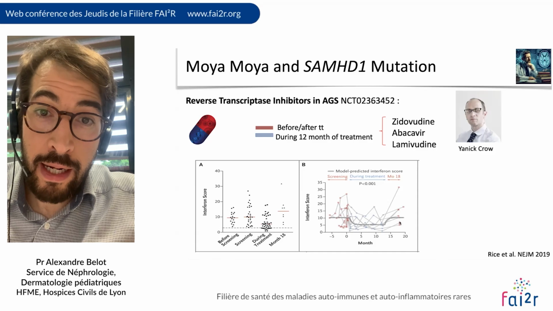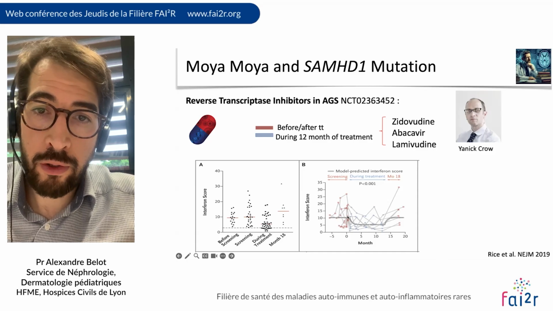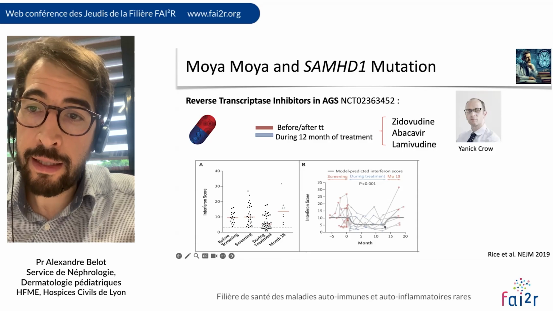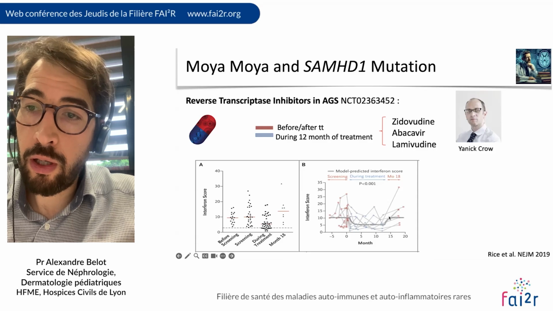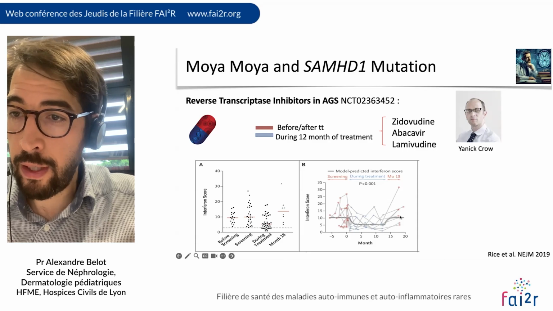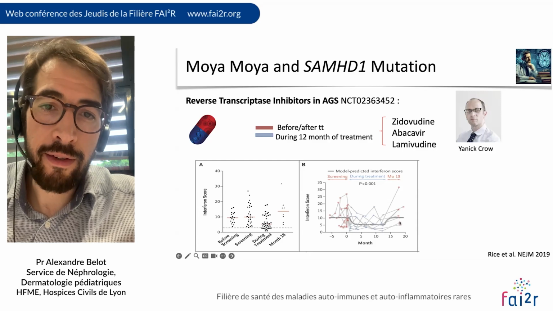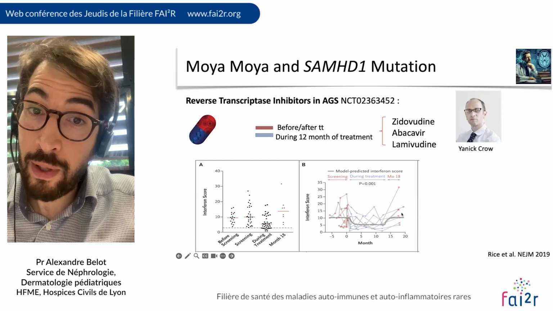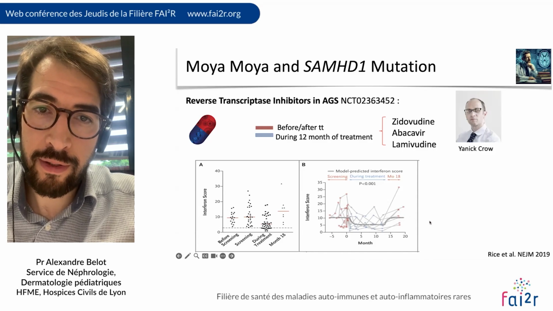What is really fascinating is that the 8 patients were treated over 12 months, and at the stop of the medication, the signature goes up, as you can see. So there is a possibility in a genetic disease to use reverse transcriptase inhibitors to decrease the interferon signature, possibly by targeting these retroviruses.